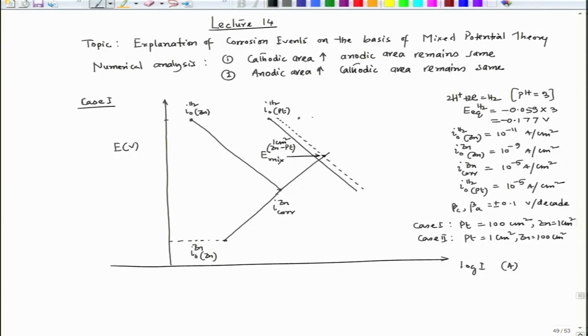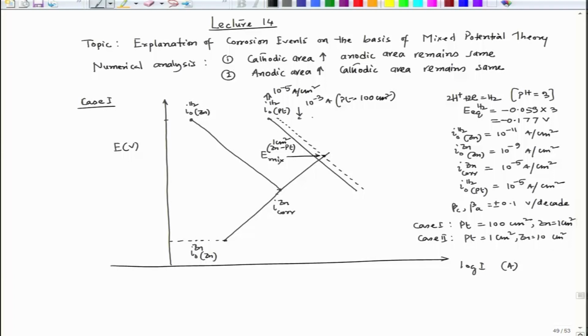Or let us say I make it a little different, so I make it 10 centimeter square. Once we do that, in case 1, if this value is 10 to the power minus 5 ampere per centimeter square, this point would become 10 to the power minus 3 ampere when platinum equals 100 centimeter square. Please look at the unit we are using; here it is ampere.